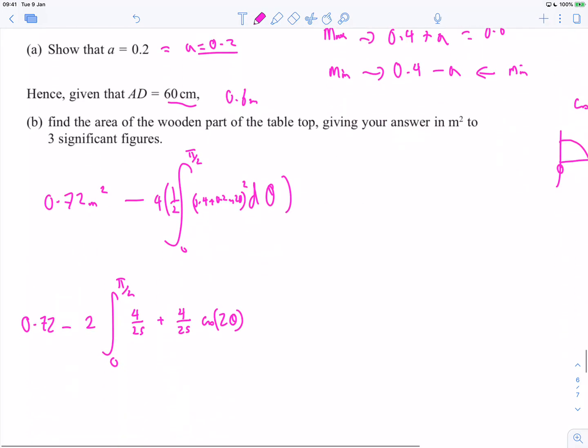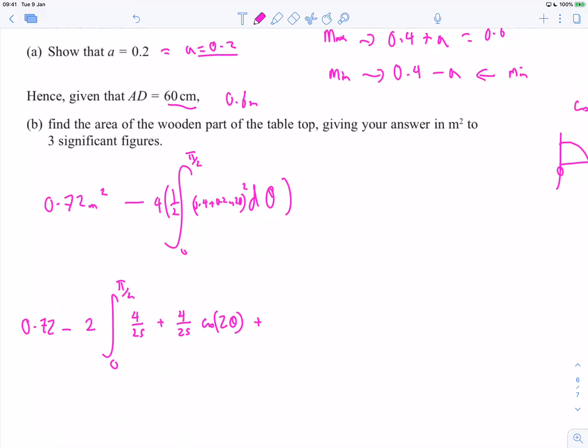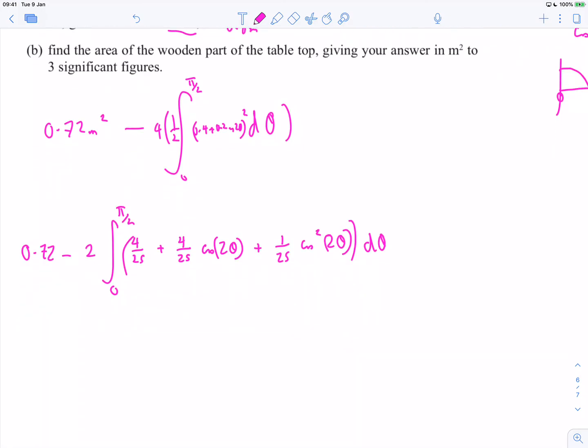Just double check, yep, cosine 2 theta, and then plus that 0.2 times 0.2 going on, which is 1/25 of cosine squared of 2 theta d theta. Done, done. Okay, I can take the factor of 25th out for no particular reason. So this is 2/25. This is 0.72 minus integral to pi over 2, and then this is going to be 4 plus 4 cosine 2 theta plus cosine squared 2 theta d theta.